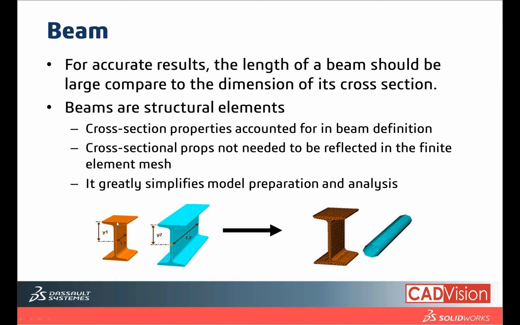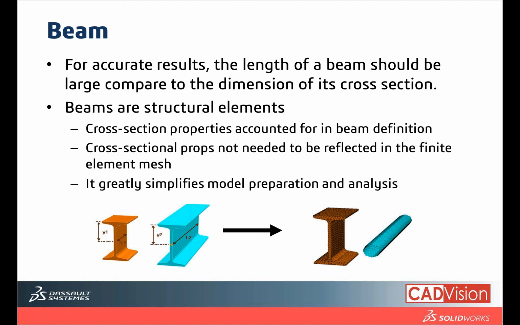So if this is the cross-section, the length of the beam should be relatively longer, relatively larger compared to the cross-section. This is because of the mathematics behind the solvers of beam element analysis.